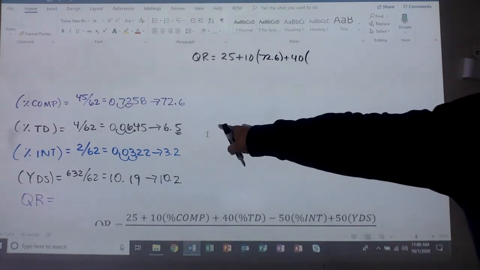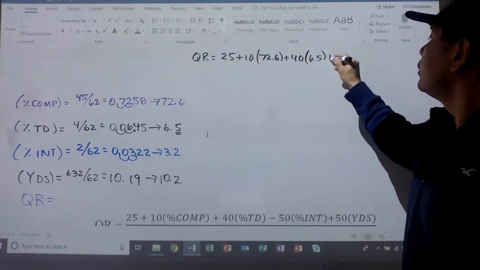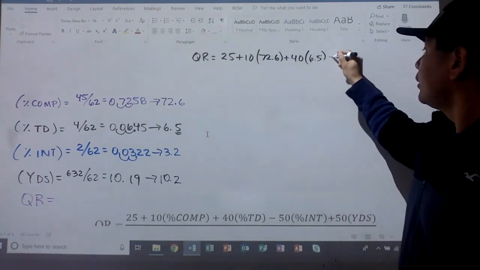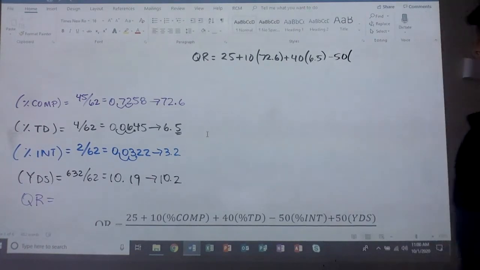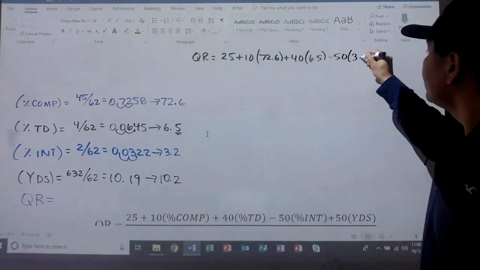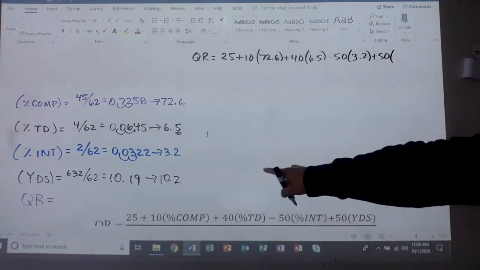40 and the second thing I found, 6.5. Plus. Minus 50, and then my interceptions. Plus 50, finally, my yards.